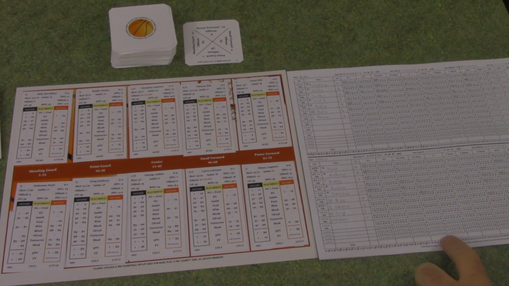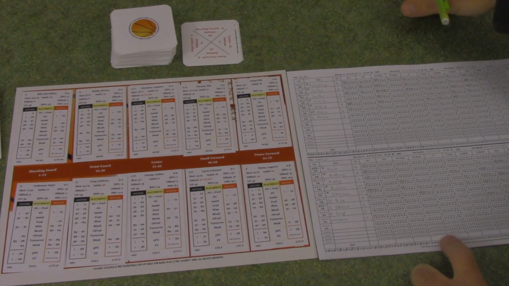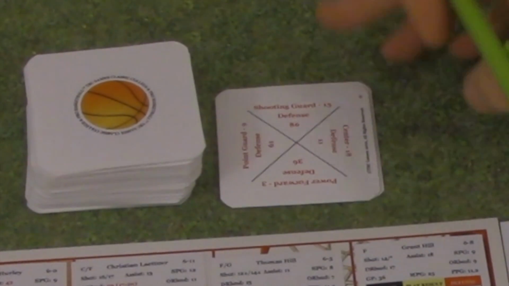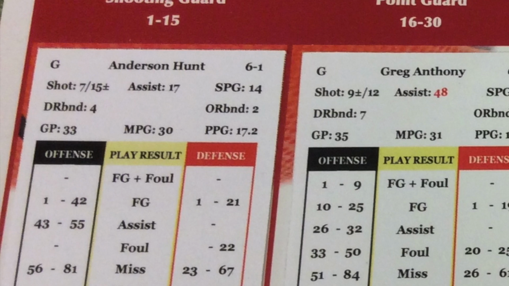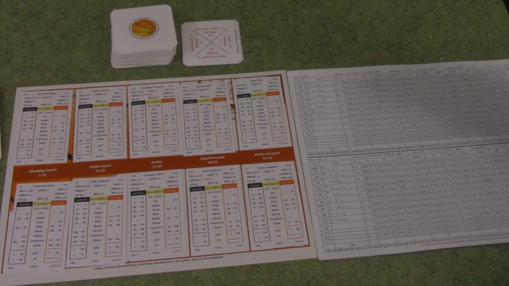So we'll mark off a tick of time, and then we'll see if the next player can get a shot off. This is asking for a shooting guard with 13, so we look at Anderson Hunt, and we see it's above his 2-point rating, and it's under his 3-point rating. So that means that he's going to take a shot, but it's going to be a 3-pointer.